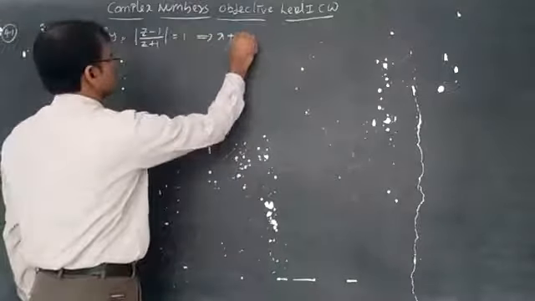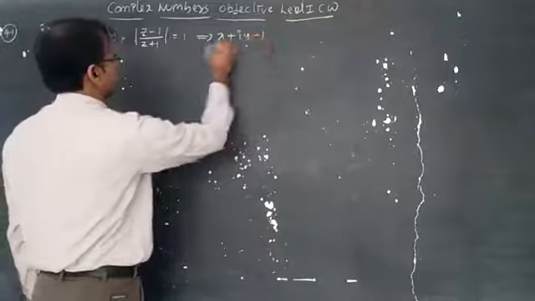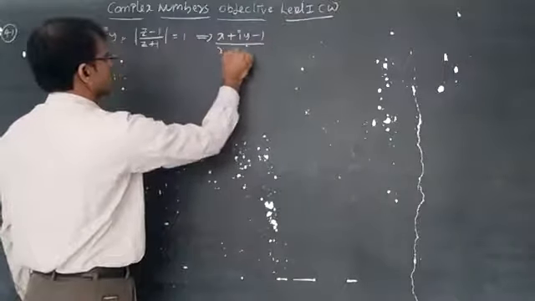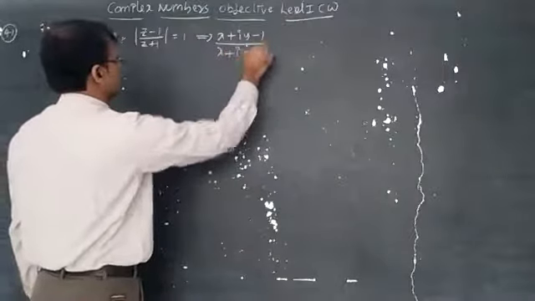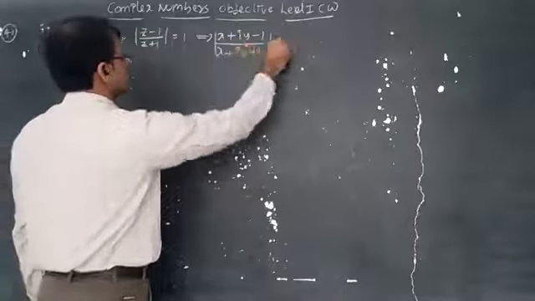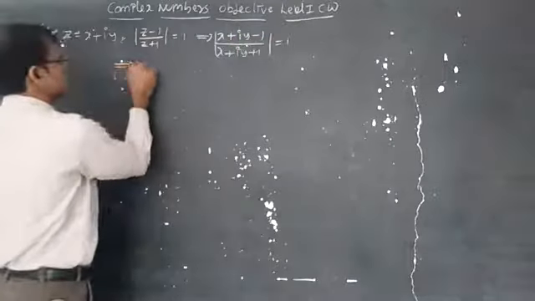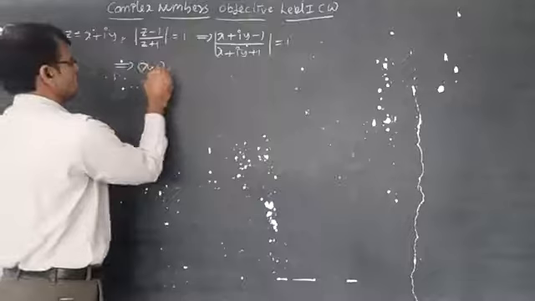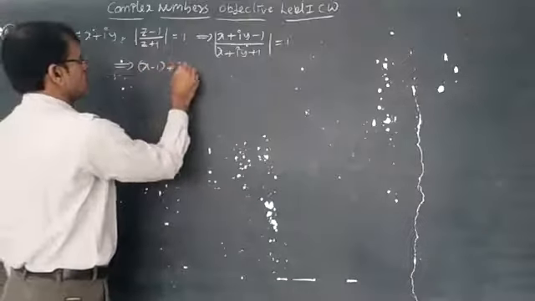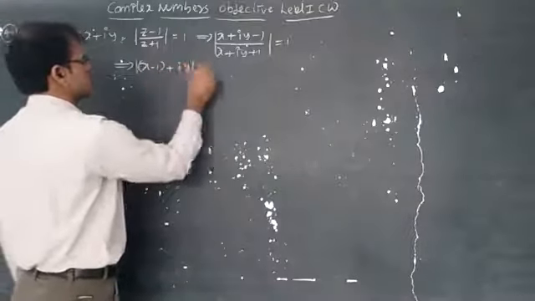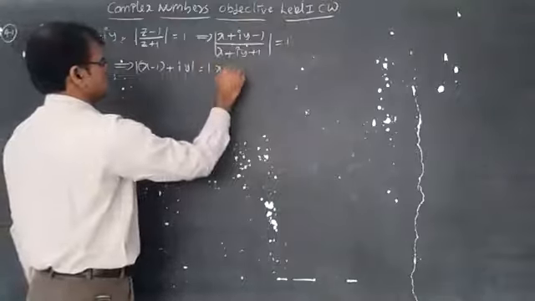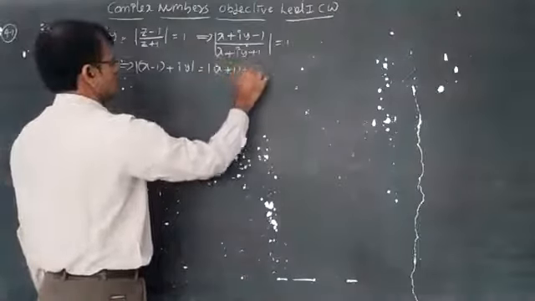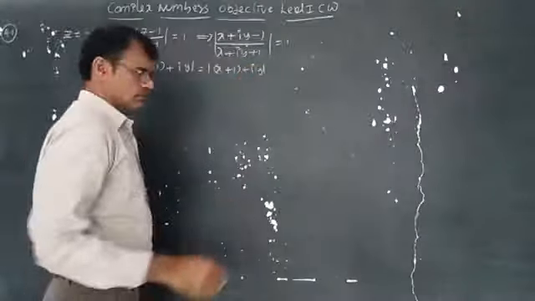Here z meaning x plus iy minus 1 by x plus iy plus 1, over modulus, is equal to 1. That implies modulus of x minus 1 plus iy is equal to modulus of x plus 1 plus iy.